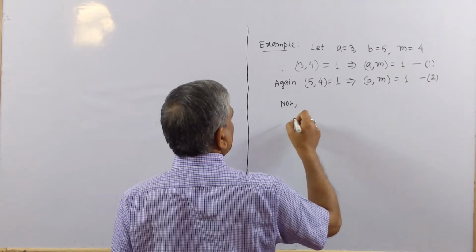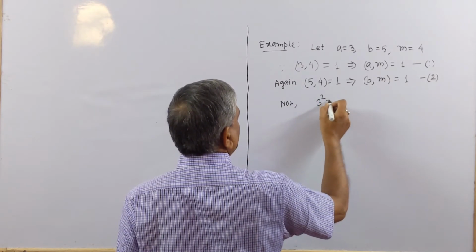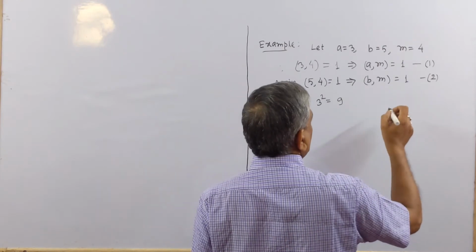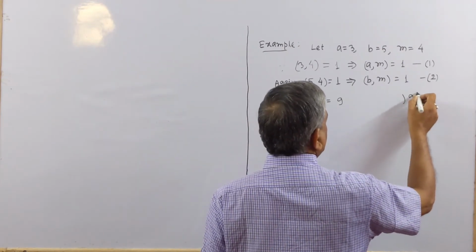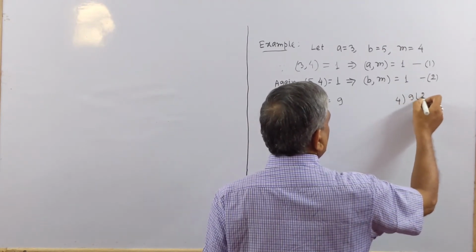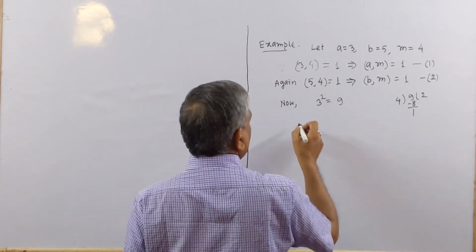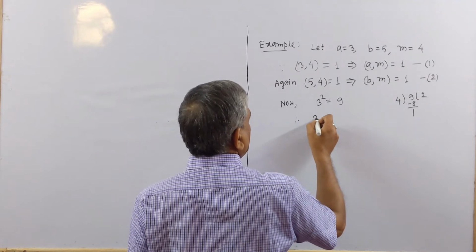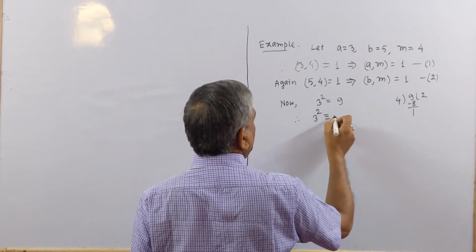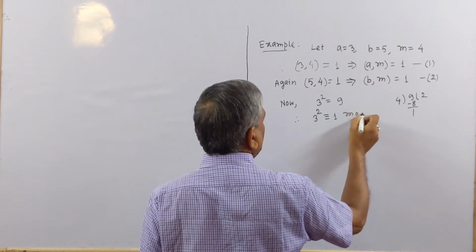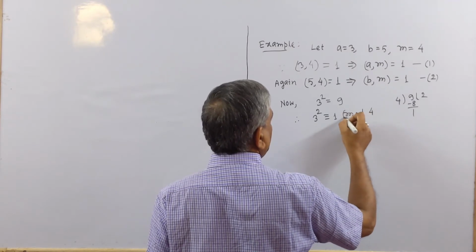Now 3 squared equal to 9. When 9 is divided by 4, it gives remainder 1. Therefore, 3 squared is congruent to 1 modulo 4.